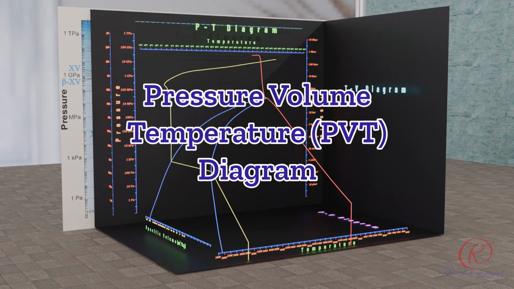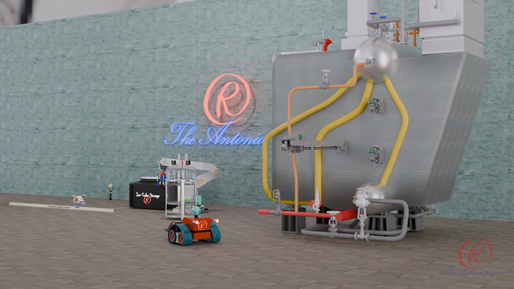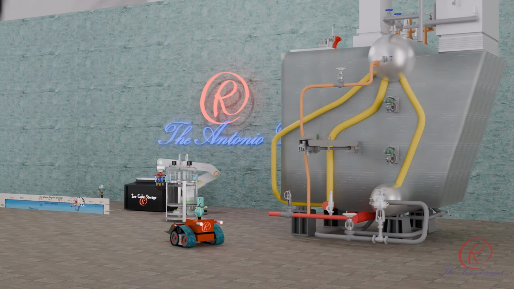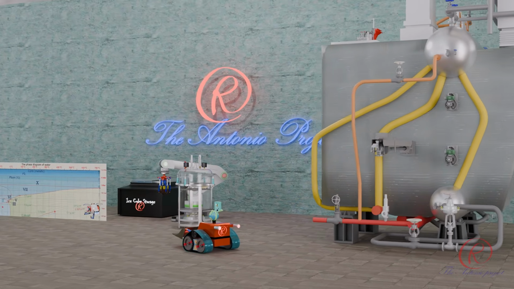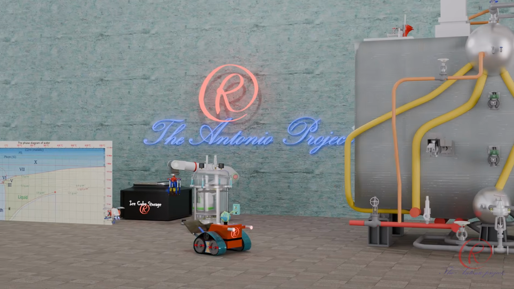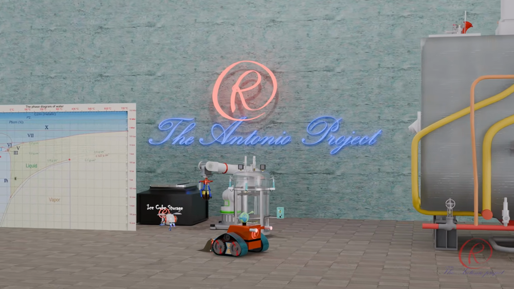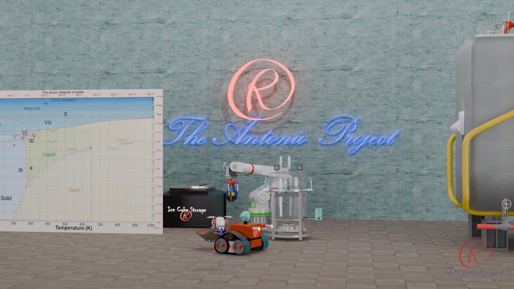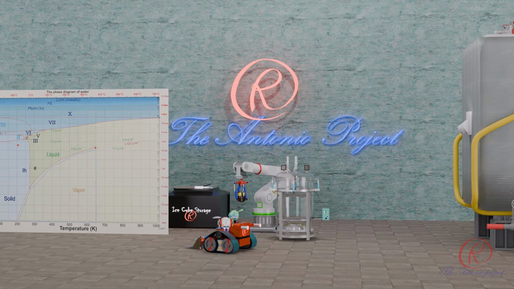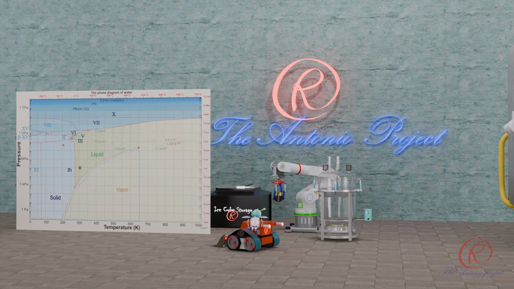Pressure, volume, temperature, or PVT diagram. We will discuss the PVT diagram for water, also known as the PVT surface. I will create a 3D PVT diagram of water by gathering available information such as from Wikipedia, biomodel.ueh.es, etc., based on the 1995 IAPWS formulation for water.